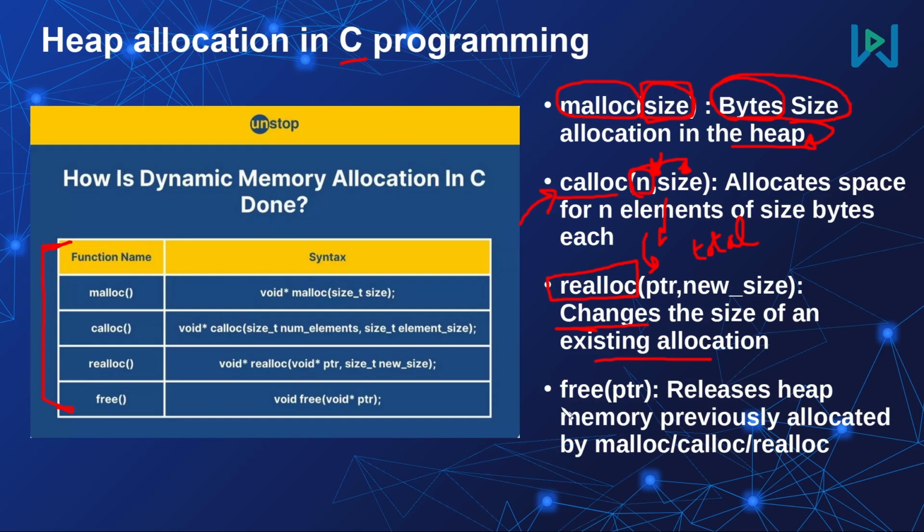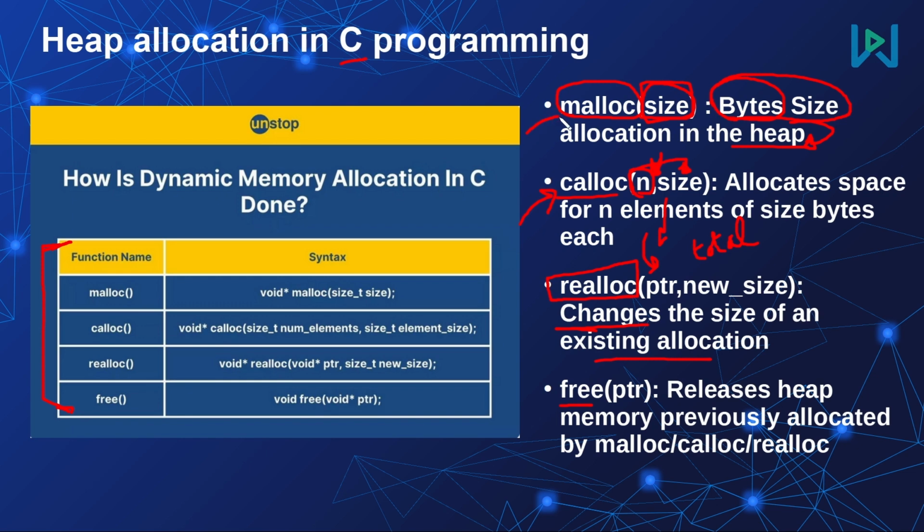Finally, if we are done with those allocated buffers and arrays within the heap memory, then we can free the space within the heap memory so that it can be utilized later on by another allocation.